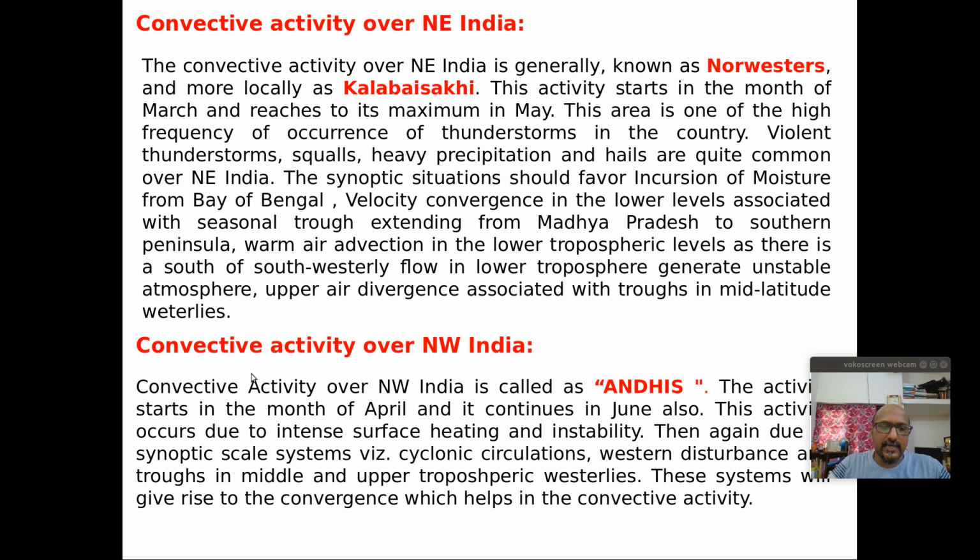Then another convective activity over northwest India is the dust devils, locally known as Andhi, especially in the Rajasthan desert region, where a lot of dust storms are generated during the pre-monsoon season. Instead of thunderstorms, dust storms will be generated. That is locally known as Andhi.